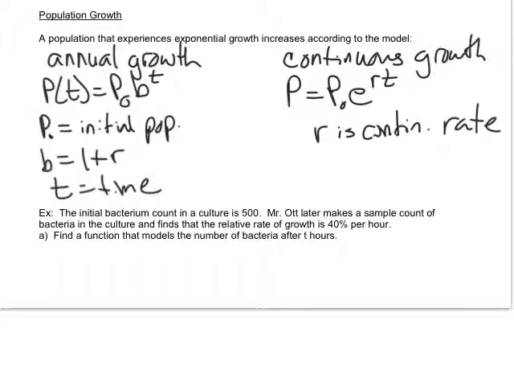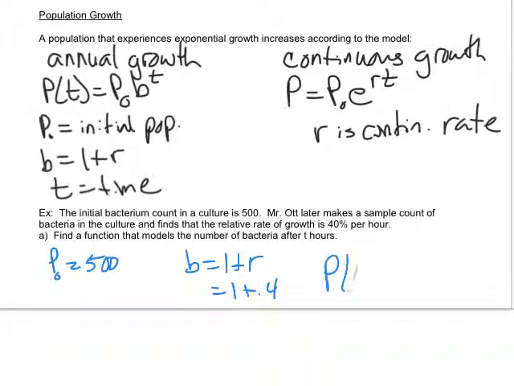So initial is P sub 0, that's 500, and our growth factor is 1 plus the rate, so that's going to be 1 plus 0.4, which makes our final function, P as a function of time, times in hours this time, 500 times 1.4 to the t.